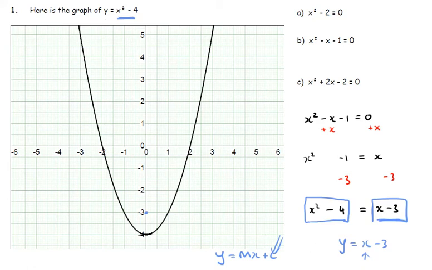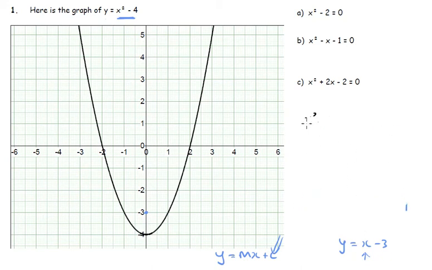To plot the graph of y equals x minus 3, let's put some numbers in. Let's put x equals 1 in. If we put 1 in, we get y equals minus 2, because 1 take away 3 is minus 2.